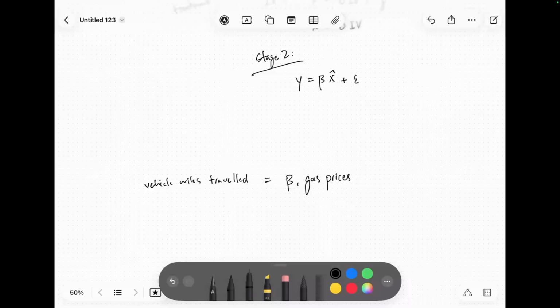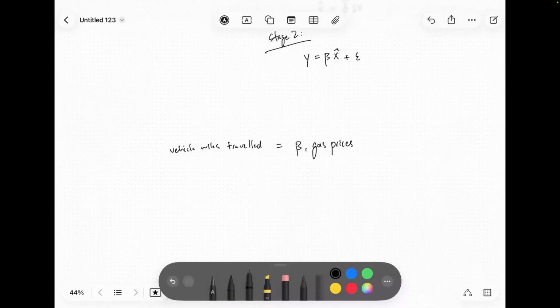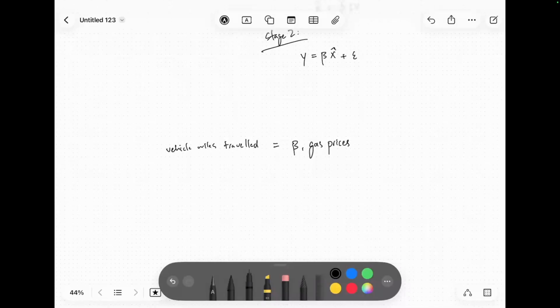I went to grad school in Pennsylvania, so we had this big data set of VMT in Pennsylvania, and the same with gas prices in PA.